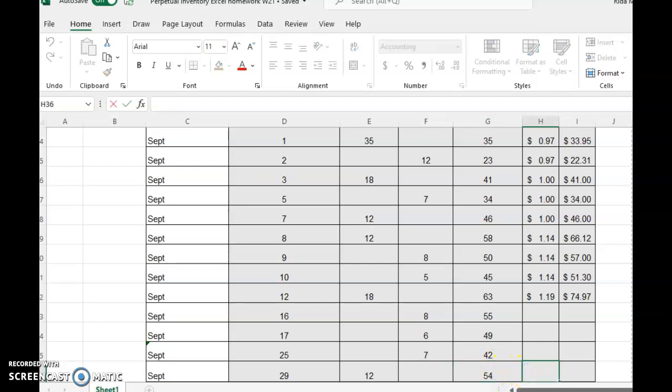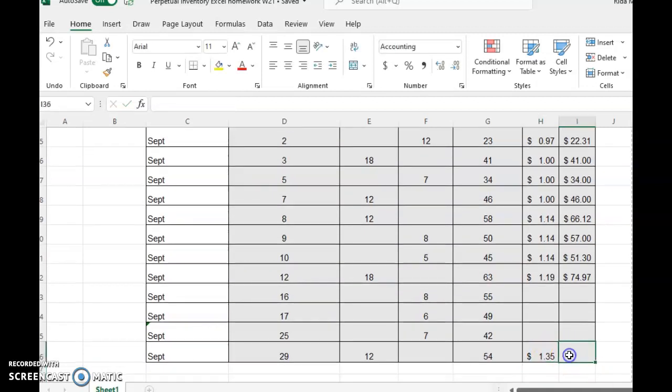And it says 808 as our price, so equal to round up 808 divided by 6, comma 2, close brackets, that gives us 135, and if we multiply that by 54, we get 7290 as our total value.